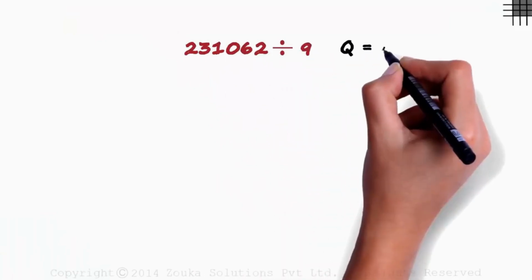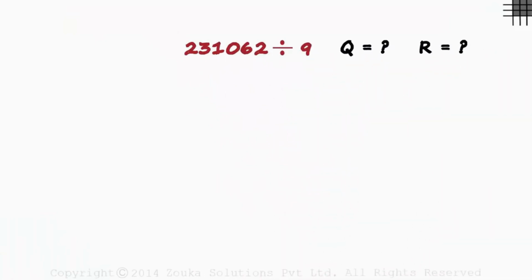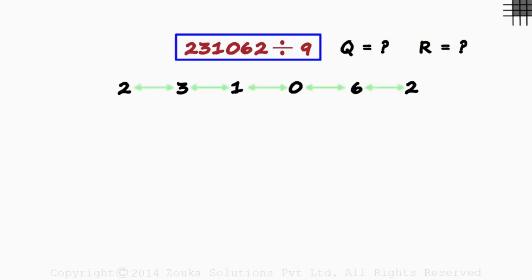231,062 divided by 9. Find the quotient and the remainder. Pause the video, take your time, and try finding the quotient and the remainder. The first step was simple. We just have to write the dividend as is with a slight gap between each digit.